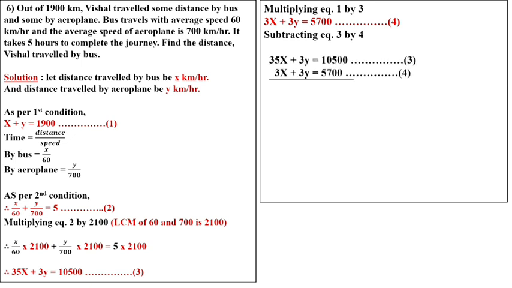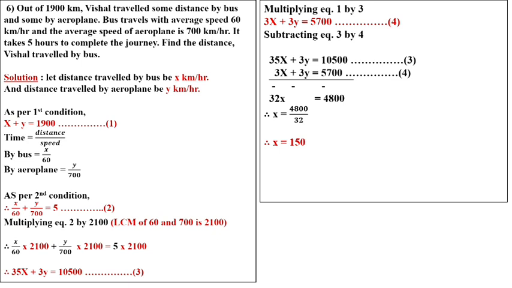If we are subtracting, the sign will be changed. 35 minus 3 we get 32x. 3y will cut. We subtract 10,500 minus 5,700 and get 4,800. Now x equal to 4,800 divided by 32. By doing this division, we get the x value as 150.